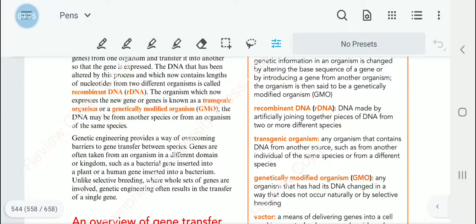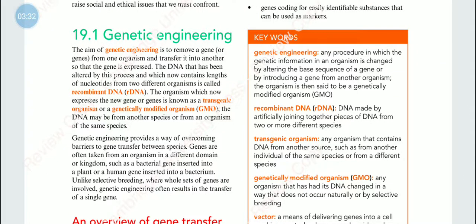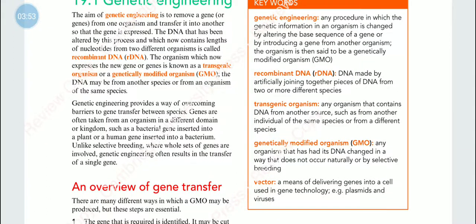Here we are overcoming the barriers to genetic transfer between species. If an organism has an advantageous quality and there is no other way than introducing the gene, then we can do that.